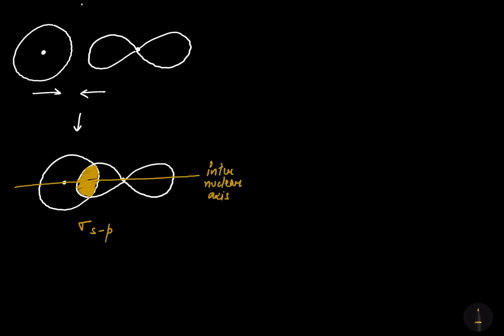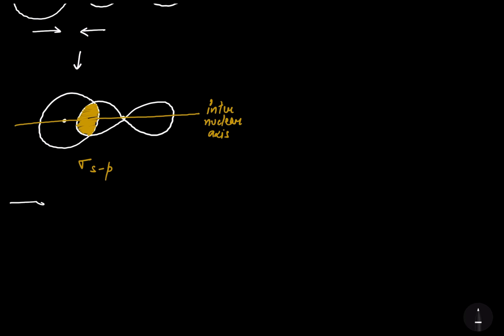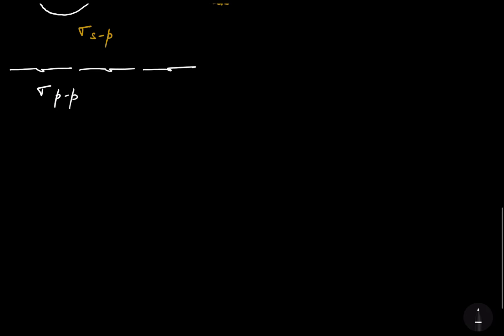Now let's talk about the third type of sigma bond. The third type of sigma bond is sigma p and p. Now this is the nucleus of the first atom and that's the p orbital, the dumbbell shape p orbital.